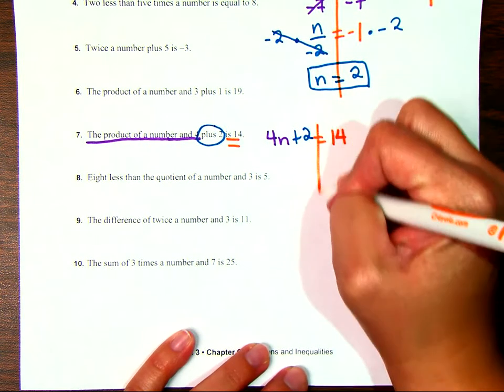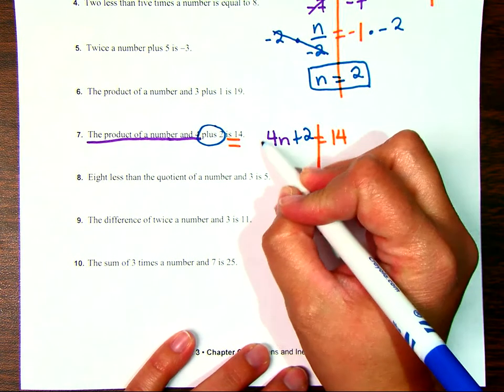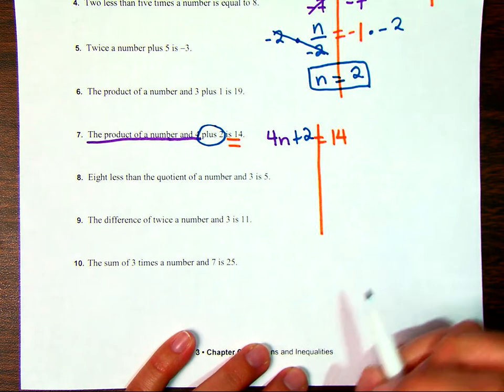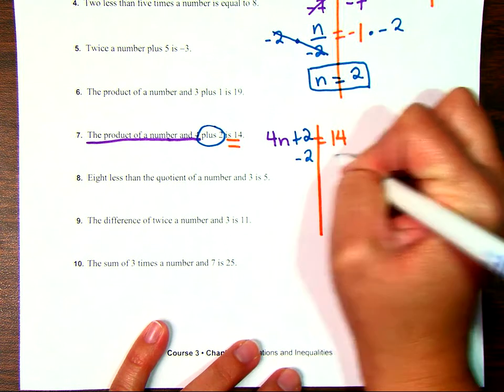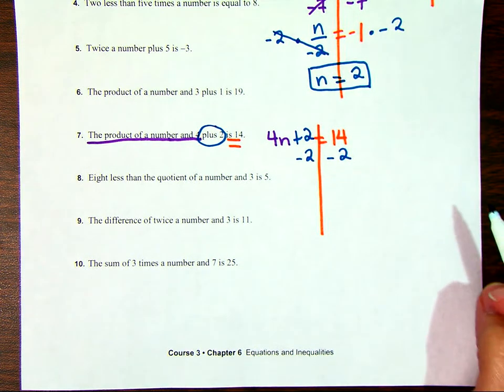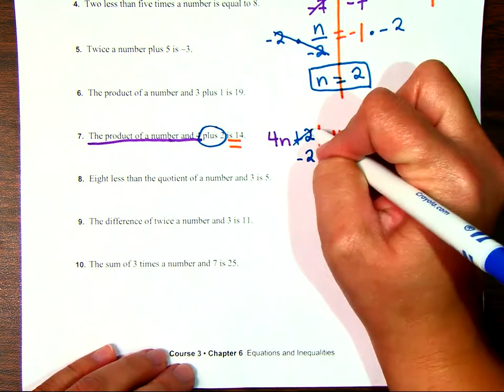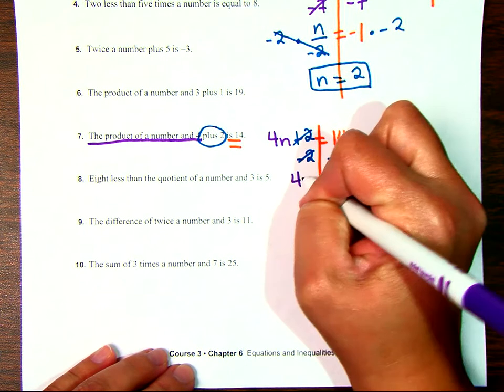So now I'm going to solve for n. Again, we want to get the 4 n's by itself and ultimately get 1 n by itself. So the opposite of plus 2 is adding 2 negatives to the board, or subtract 2, however you see that. These two cancel out. Gets me 4n on the left.